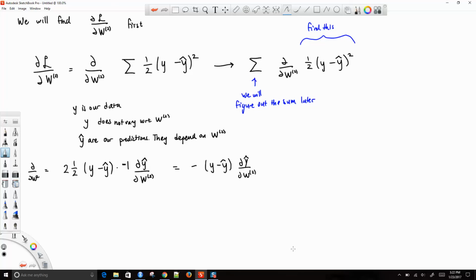Okay. Now if we think about what y hat is, how did we get our y hats? Recall that y hat is equal to applying our sigmoid function f to the Z3 matrix.